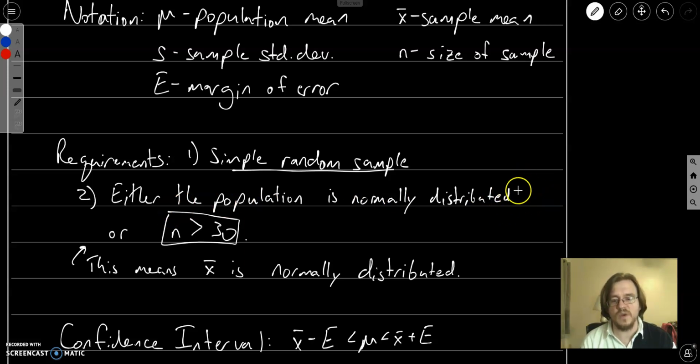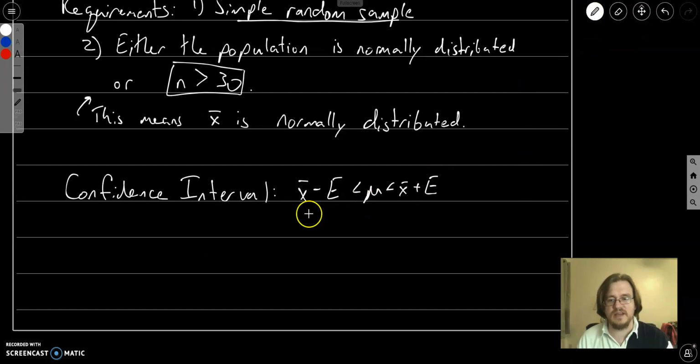So as long as one of those two things is true, then our sample means are going to be normally distributed, so we can use the mathematics that we're going to discuss. So one of these two things needs to be true. If neither of these two things are true, if we're looking at a population that's not normally distributed and we don't have very big samples, then we'll have to use other methods, which will be discussed later in the book.